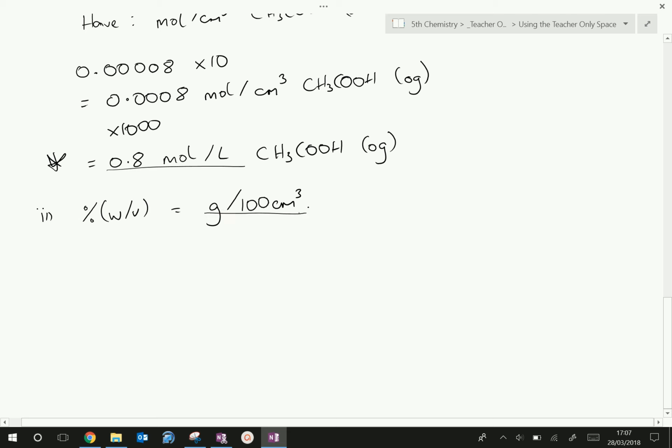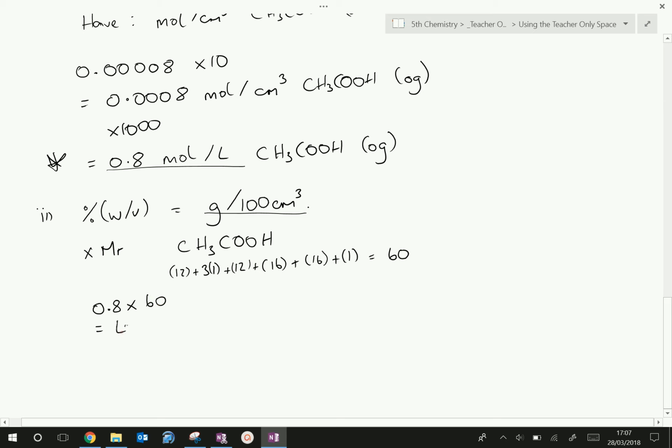First of all, to turn moles into grams, I need to multiply by the molecular mass of ethanoic acid. The molecular mass will be 12, and 3 ones for my hydrogens, another 12, a 16 for an oxygen, another 16 for an oxygen, and a 1 for the hydrogen. And that turns out to be 60. So I need to take my 0.8 and multiply it by 60.